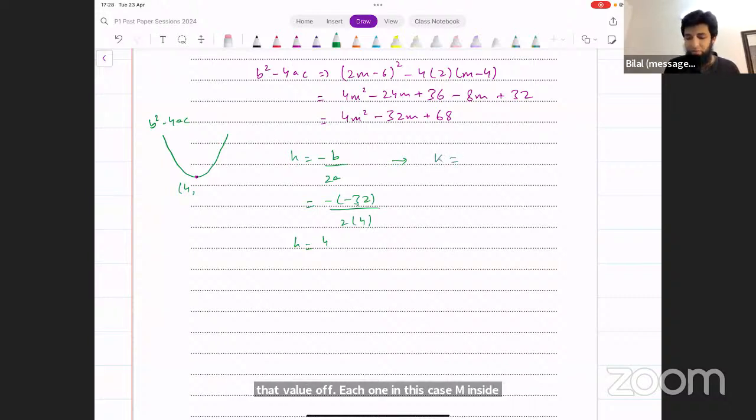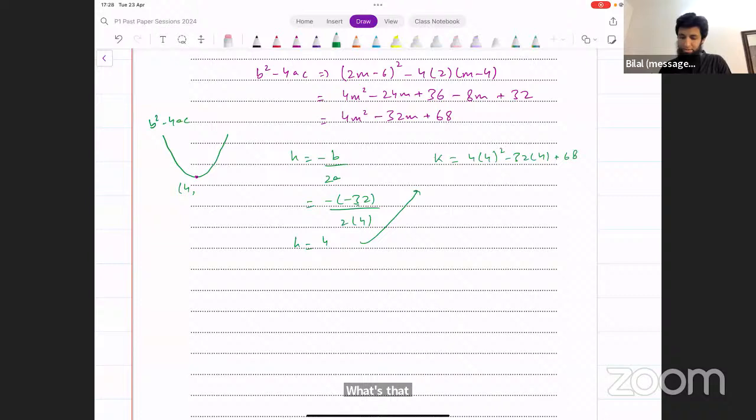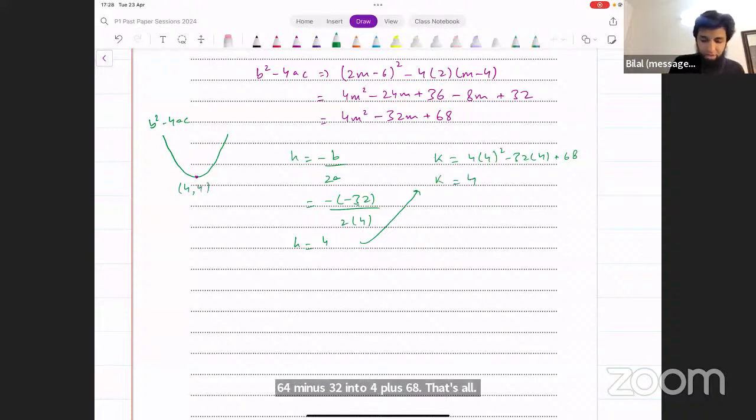The corresponding value for k turns out to be 4 into 4 squared minus 32 into 4 plus 68. What's that value? 64 minus 32 into 4 plus 68. That's also turning out to be 4. So that means the turning point of this discriminant, the minimum point of this discriminant is 4, 4.